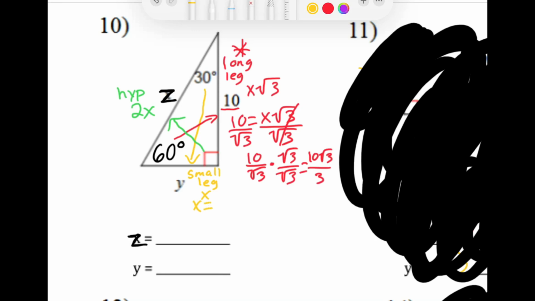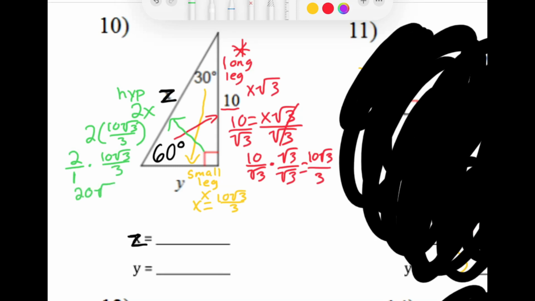So in our small leg, that means x equals 10 times the square root of 3 over 3. That means for the hypotenuse, we need 2 times x, so we can just keep it in simplest radical form. This would be 2 over 1 times 10 times the square root of 3 over 3.